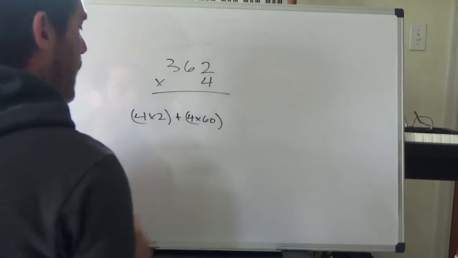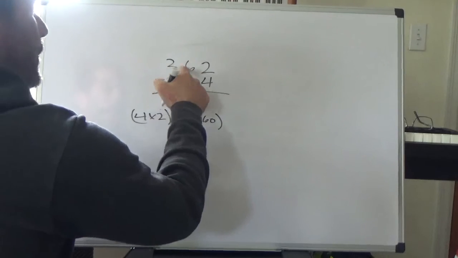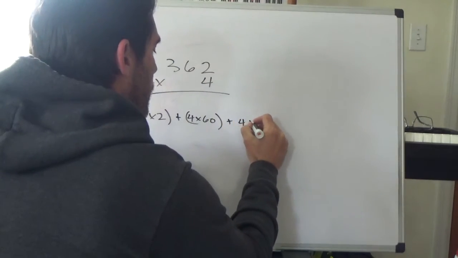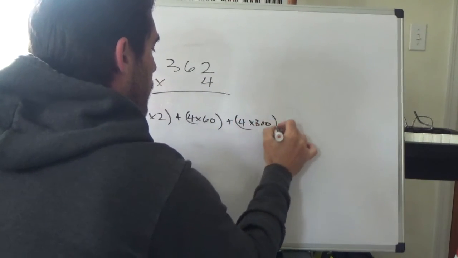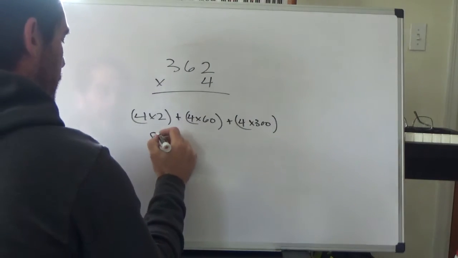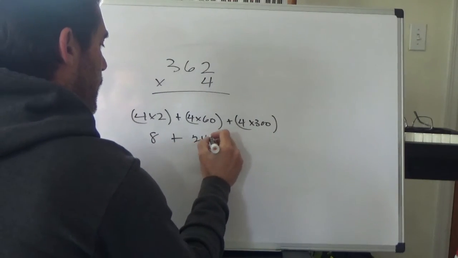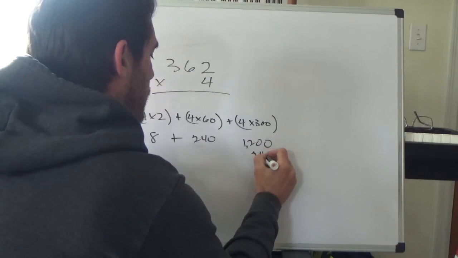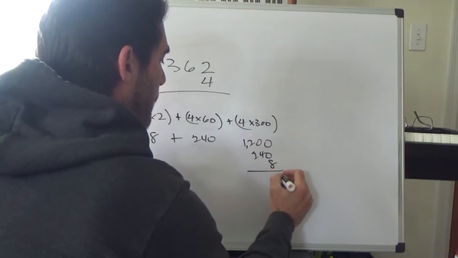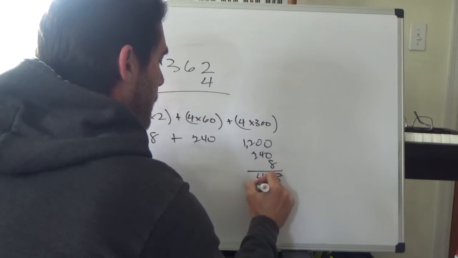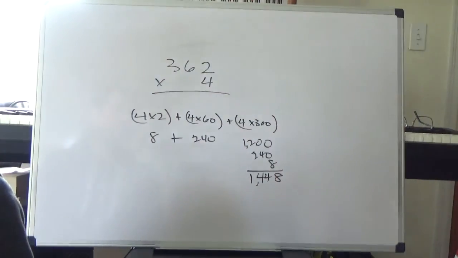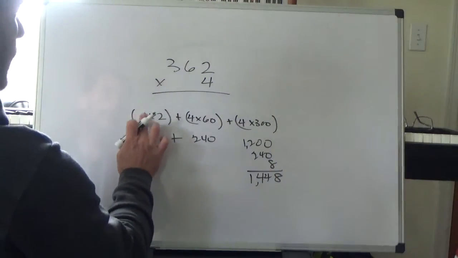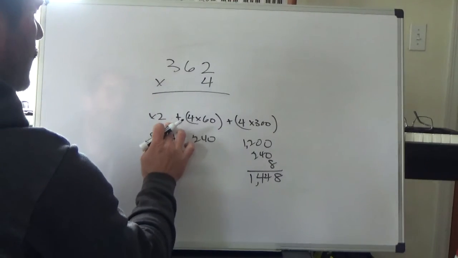I'm going to add these together. 4 times 300, and then I'll do these separately, and 1,448. But on your work, this part will be blank on the first couple problems.